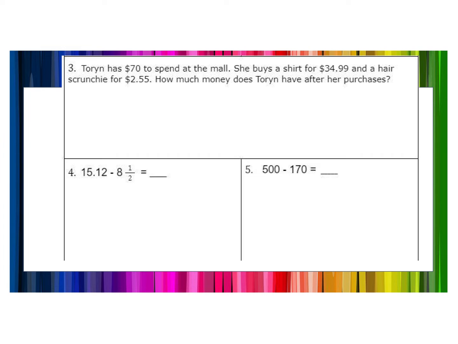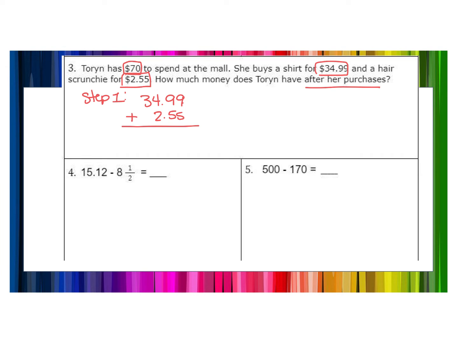Number 3, Torrin has $70 to spend at the mall. She buys a shirt for $34.99 and a hair scrunchie for $2.55. How much money does Torrin have after her purchases? This is a 2-step problem. So step 1, I'm going to add $34.99 and $2.55.